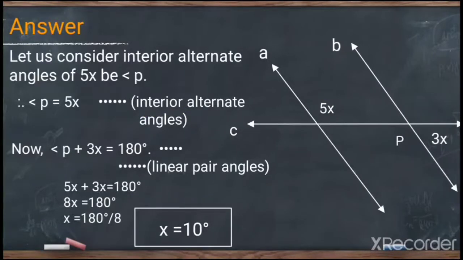Now, angle P plus angle 3x is equal to 180 degrees, linear pair angles. So if you substitute 5x instead of angle P, you will get the addition 8x. So take this 8 to the other side, it will become divide, and the answer is 10.